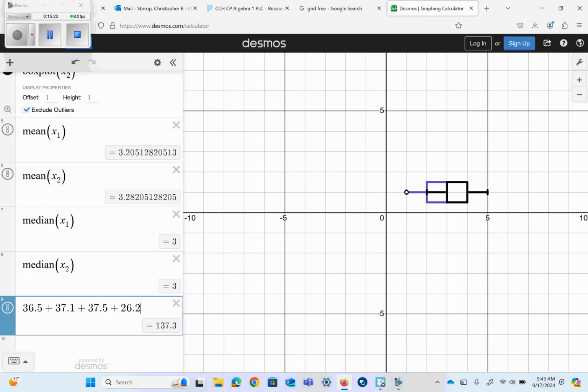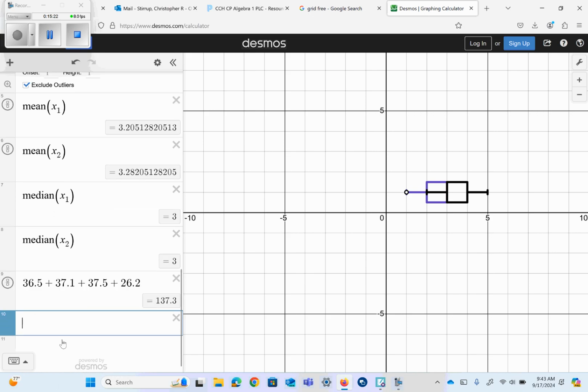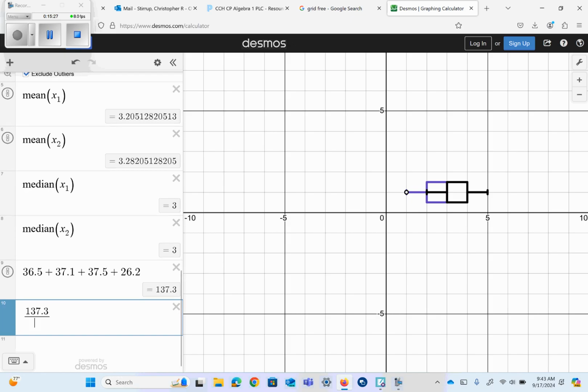So they got 137.3 divided by the 4 races. So they average 34.325 for their race times.